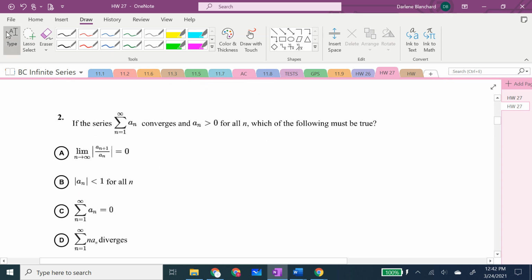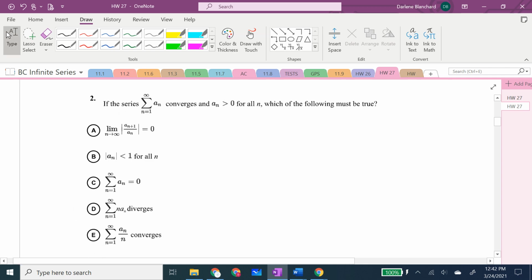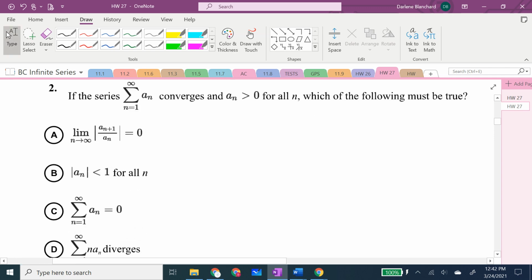Number 2, you are told if the series converges and a sub n is greater than 0 for all n, which of the following must be true? Key word is must. Now, if I take a good look at what this expression is saying, that's the ratio test.